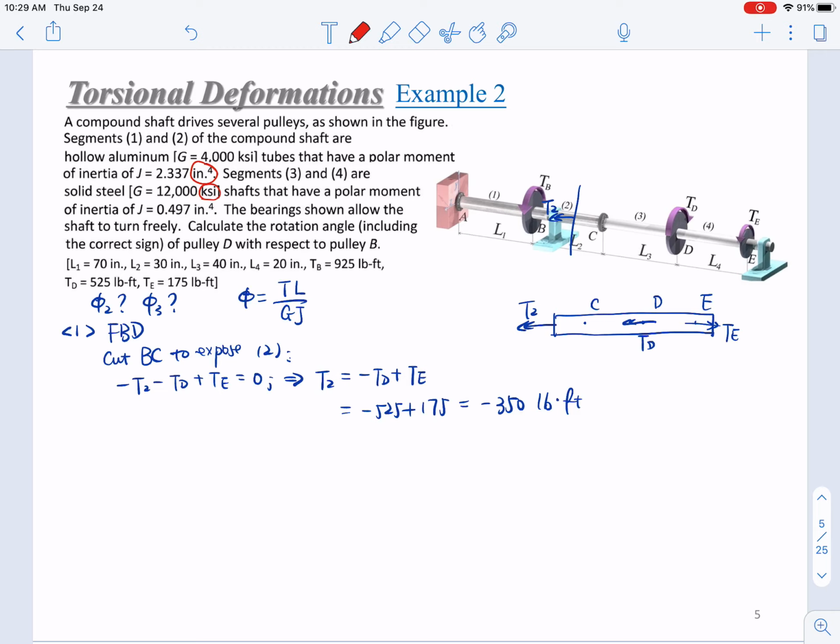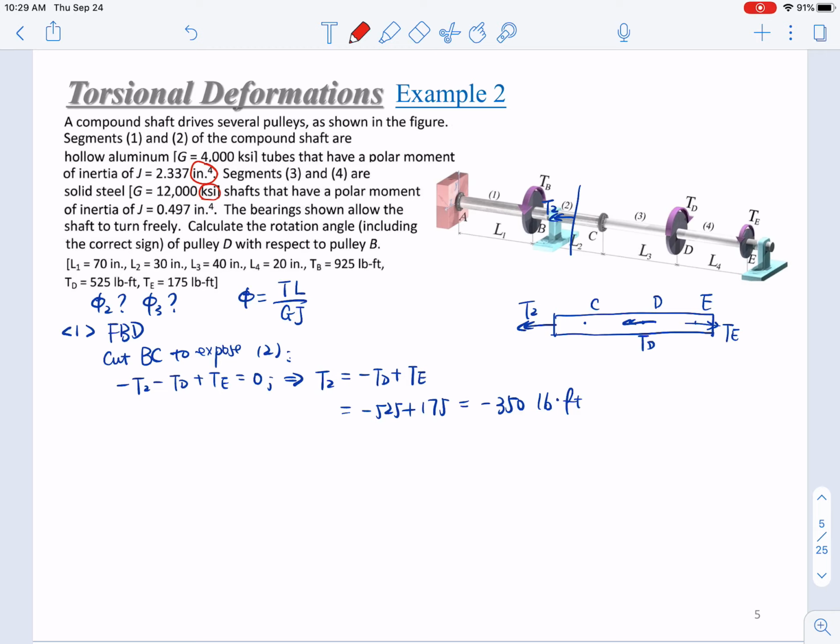Then the next step, we cut CD. We have determined T2, and we also need to know T3. How to calculate T3? We just cut it from here, make it free, and add T3. Is this the same as T2?